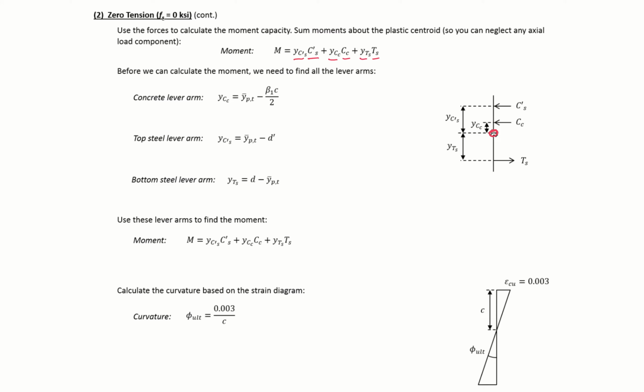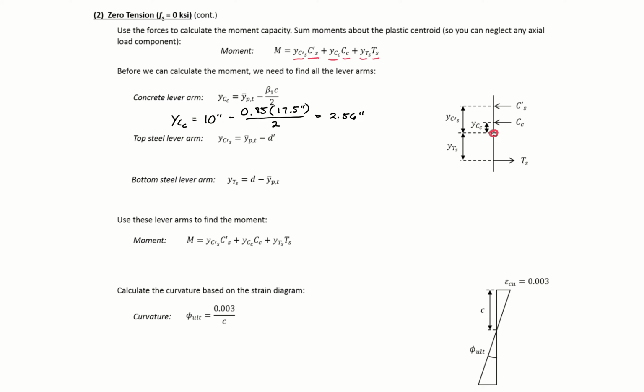So we'll start by finding our concrete lever arm. Our y sub c is going to be equal to 10 inches minus beta 1 c over 2, so 0.85 times 17.5 divided by 2. And this will be equal to 2.56 inches.